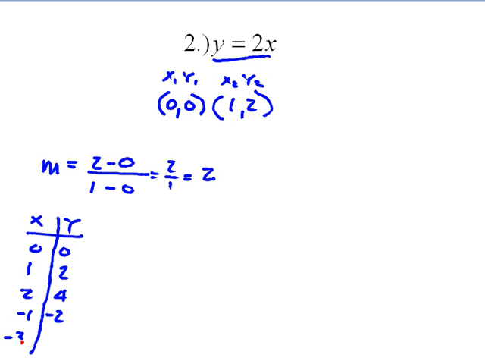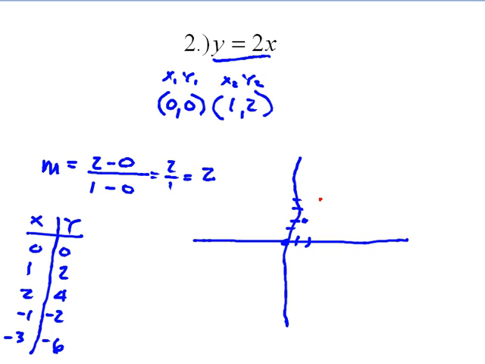And we'll put in one more negative number, and we get a negative 6. Okay, let's see. 0, 0, 1, 2, 2, 4, negative 1, negative 2, and negative 3.